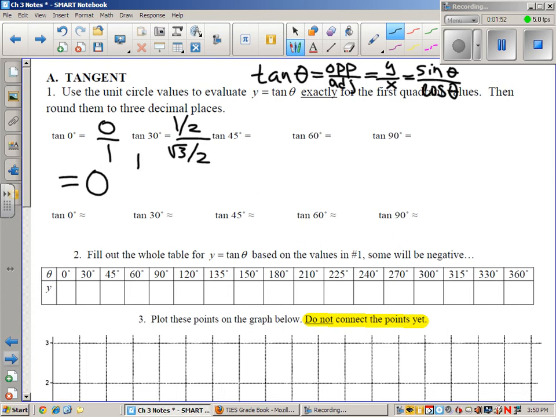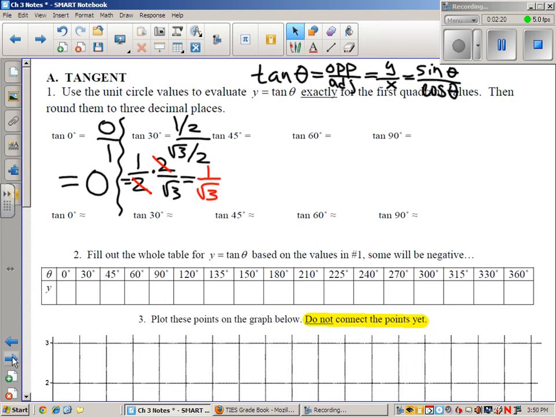We're taking 1/2 and dividing by root 3 over 2, so we multiply by 2 over root 3. The 2's cancel and we just get 1 over root 3. Don't forget the 1 over part. The 2's cancel and are gone, but there's still a 1 on top, and the root 3 is still on the bottom of the fraction.